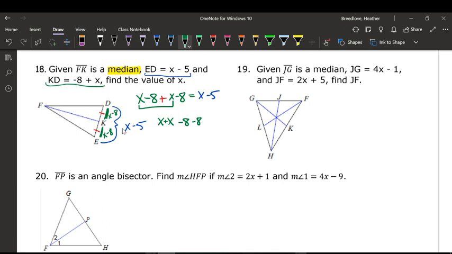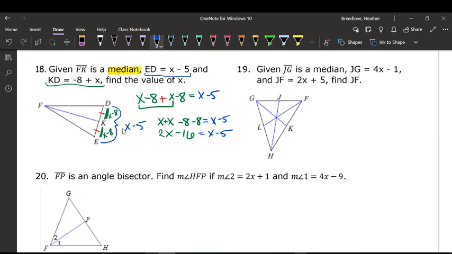Well, this way you can see it. There's 2 of them. So that's 2x. And negative 8 minus 8 is going to give me negative 16. And then bring down the x minus 5. All right, so now I have 2x minus 16 equals x minus 5.